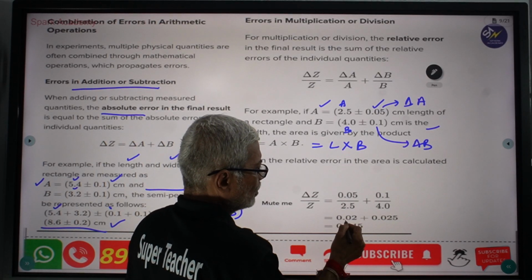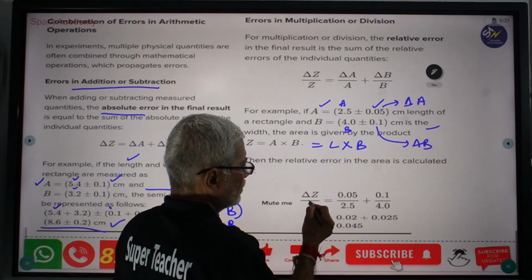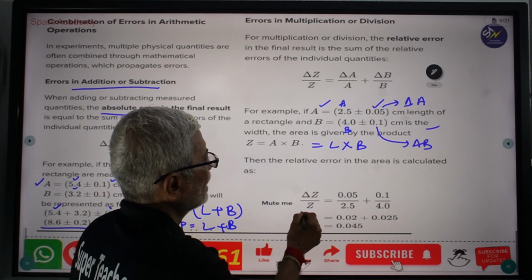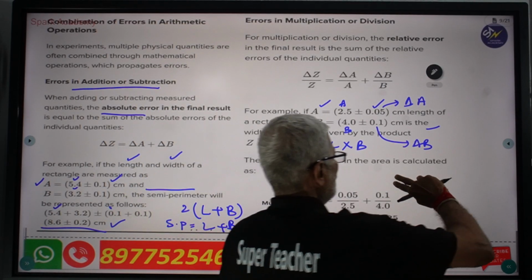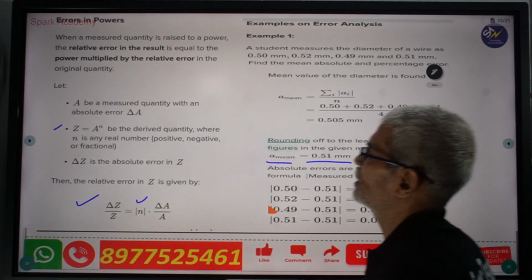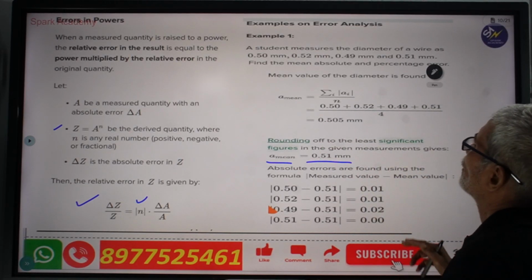Then you calculate this and add them. This is the relative error. Okay, you can write it in percentage form also.